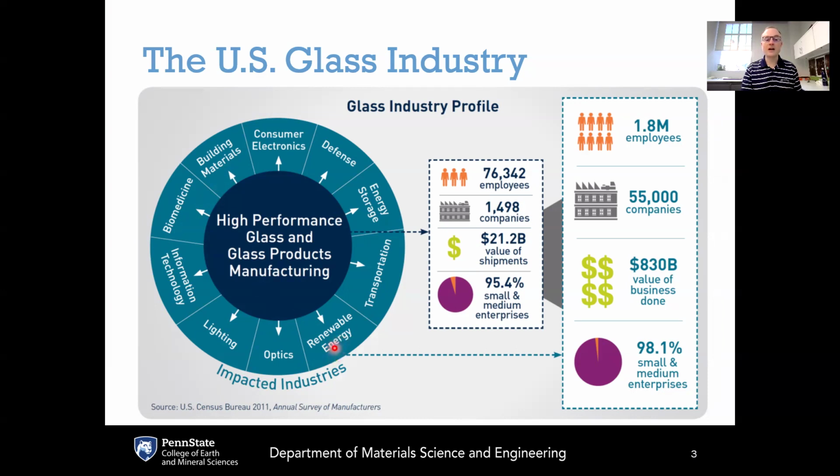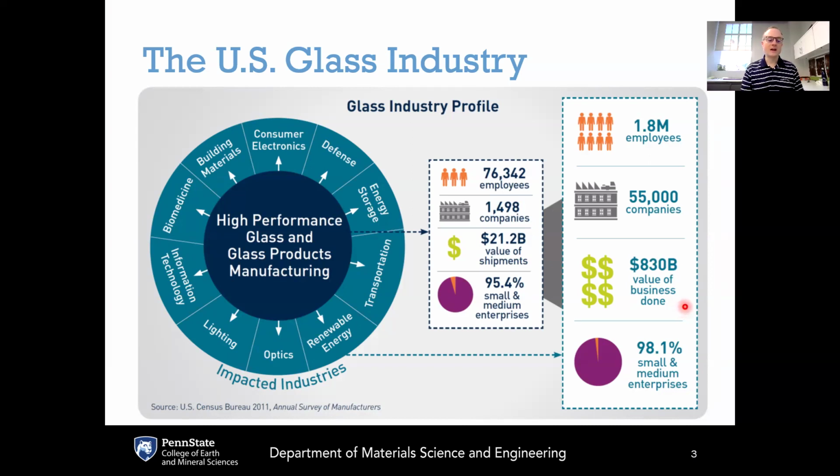And if you consider the value of all of these industries that would not exist without glass, the total impact of glass on the US economy is closer to about 1.8 million employees, affecting about 55,000 companies, 98% of which are small and medium-sized enterprises. And then the total impact of all of these industries that rely upon glass is about $830 billion per year.